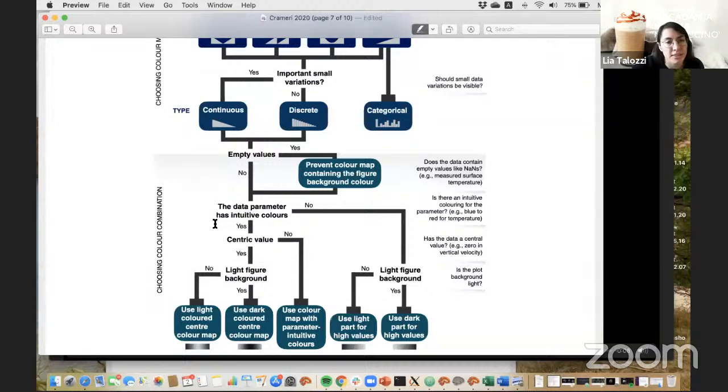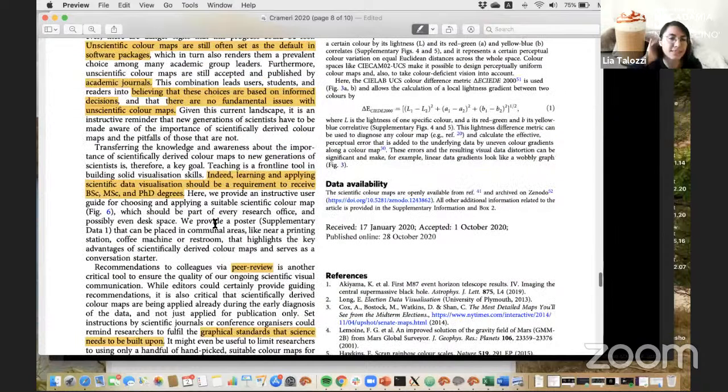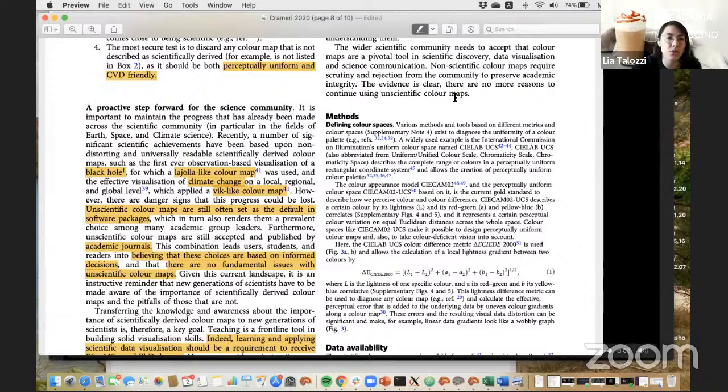And so in the closing remarks, they say that, of course, a fair representation of data is important, and the maps should be perceptually uniform.